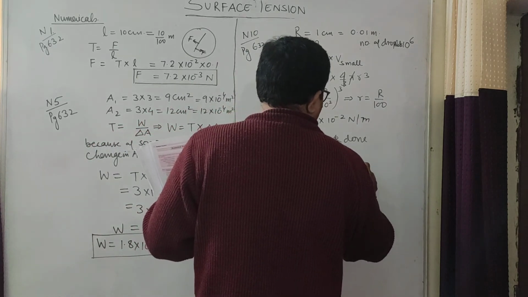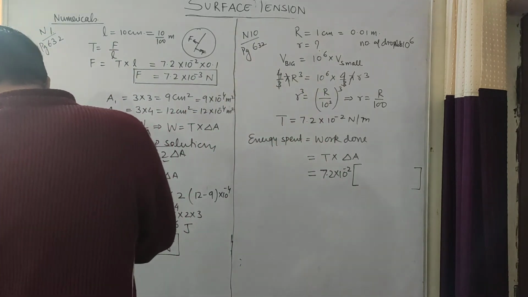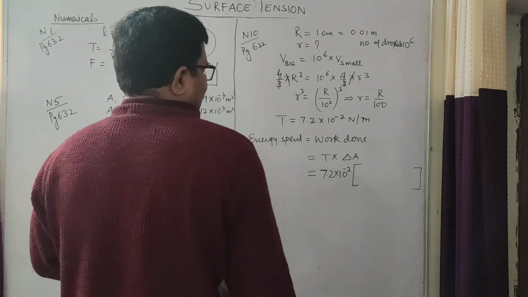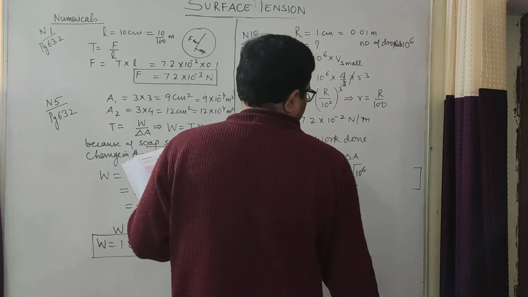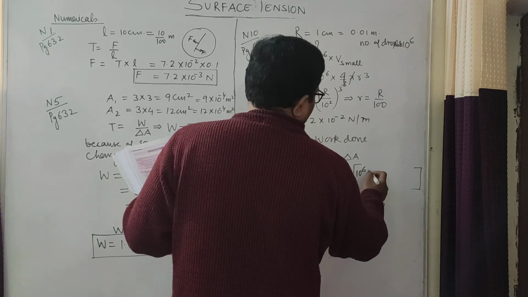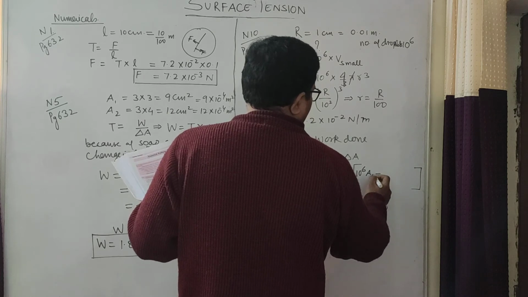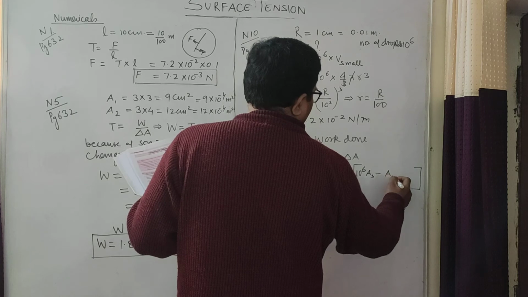Now the change in area, you need to find. So how will you find the change in area? This is 10 to the power 6 droplets into the area of one drop, minus the area of the big drop.